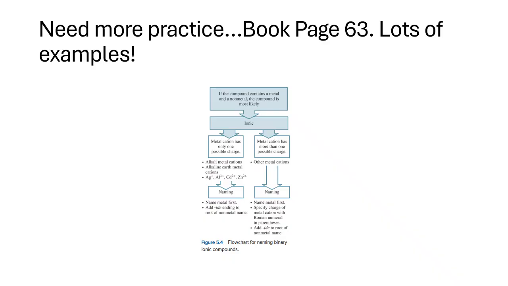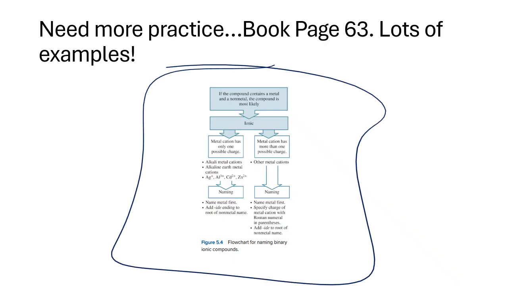This is a thing that most teachers give their students. To me, I struggle following it, but I think a lot of students might benefit from it, so for me personally, I don't. But here we have the mention of silver, aluminum, cadmium, which we don't really see, but zinc.